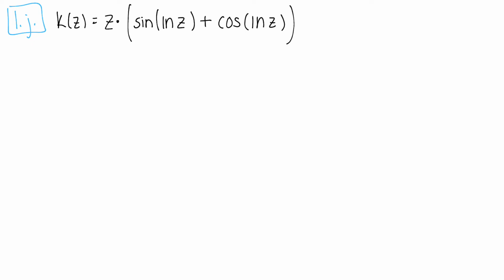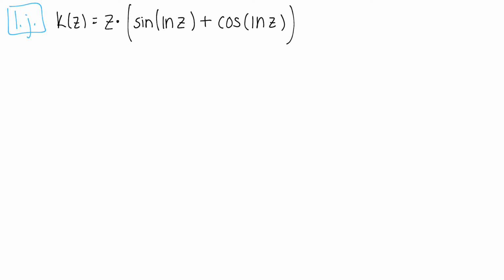So j is k of z equals z times sine of ln z, and I'm just going to skip some parentheses there to make it a little easier to read, plus cosine of ln z is the original.